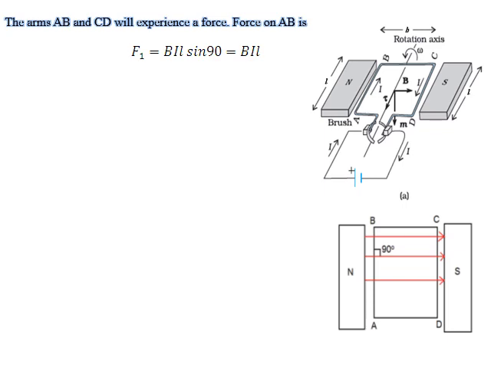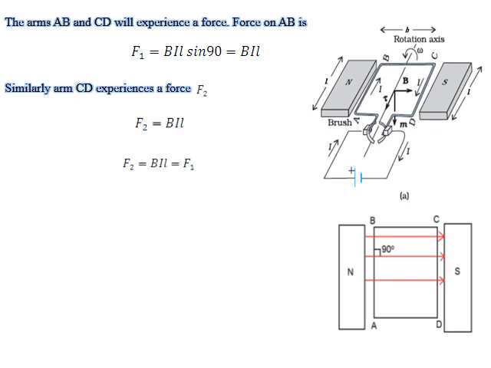This will be the same case with our CD. So the same force will be acting on CD as well, because they are of the same magnitude. So F2 will also be equal to BIL because it also makes an angle of 90 degrees with the magnetic field.